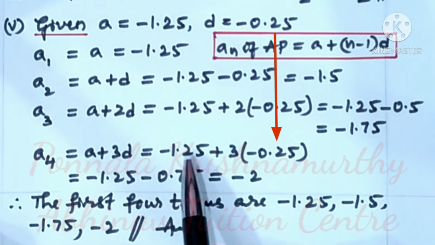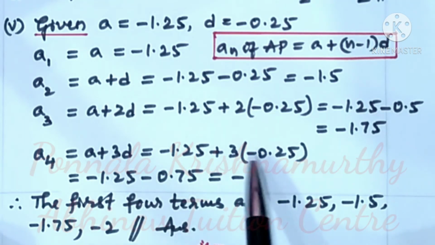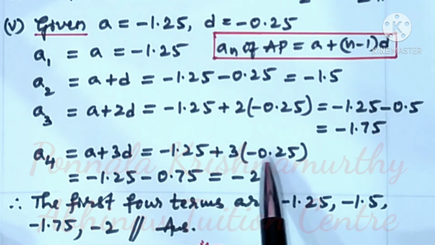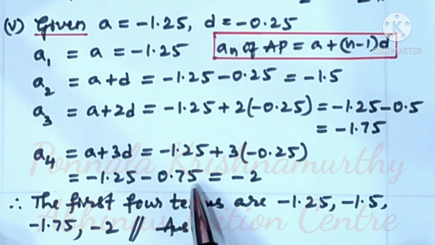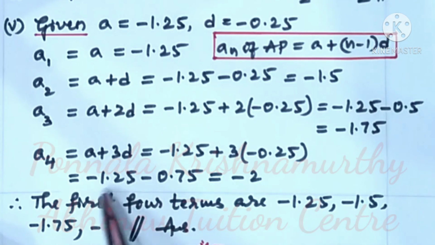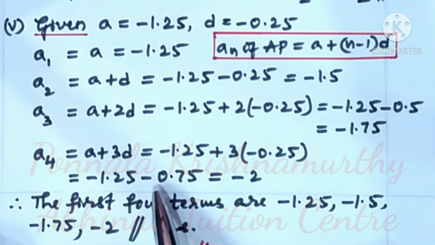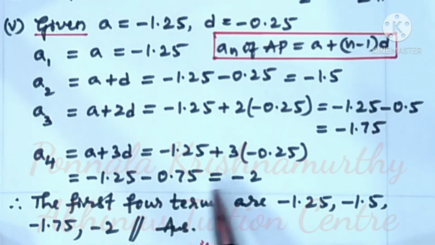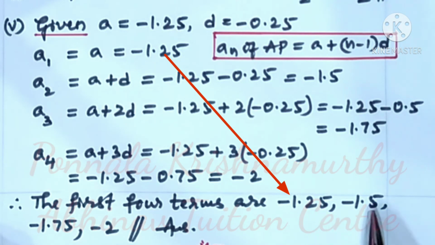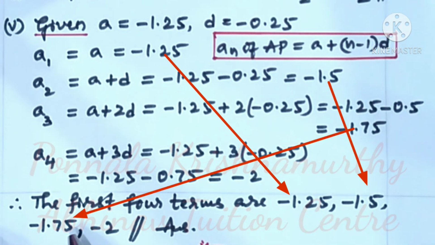This is equal to minus 1.25 plus into minus, minus 3 into 0.25 is 0.75. Here we have same signs, so addition and same sign. Now this becomes minus 2. Therefore, the first 4 terms are minus 1.25, minus 1.5, minus 1.75, minus 2. Answers.